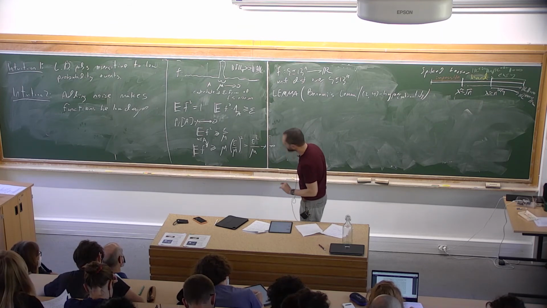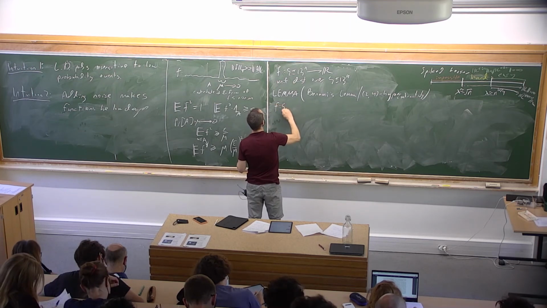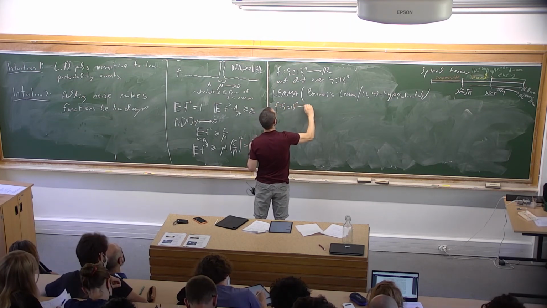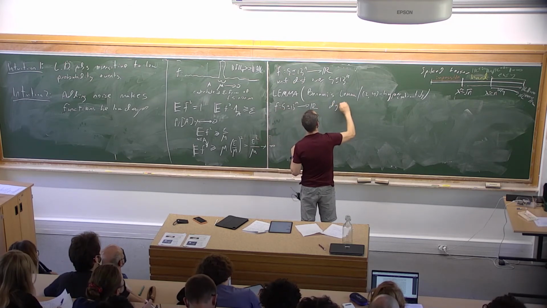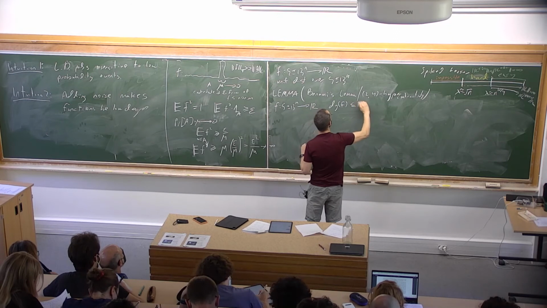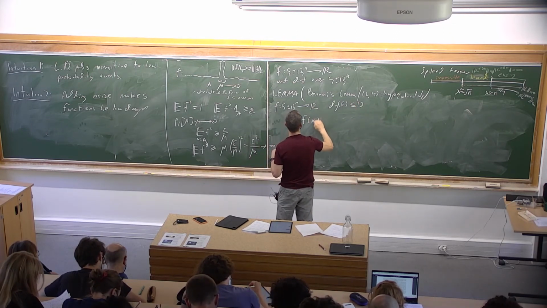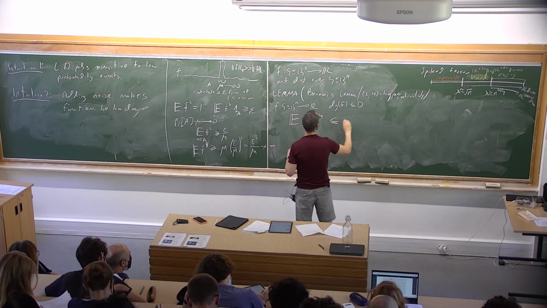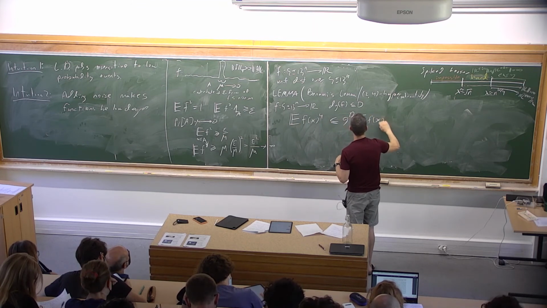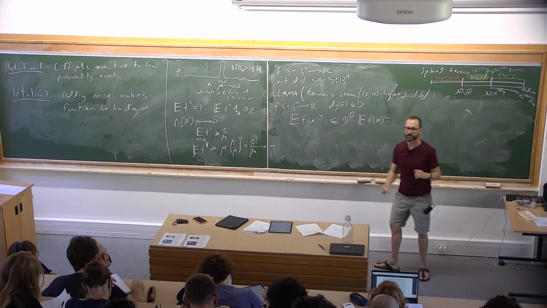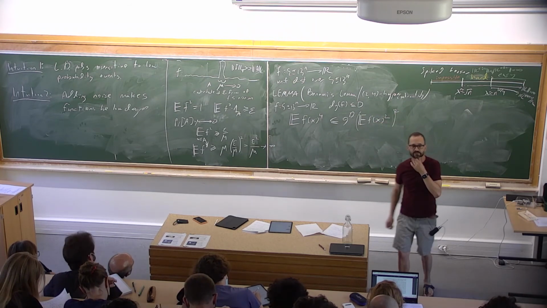The lemma is the following: if f is a function from plus minus 1 to the n to the reals, and the degree of f is at most d, then the expectation of f of x to the 4 is at most 9 to the d times the expectation of f of x squared, squared.